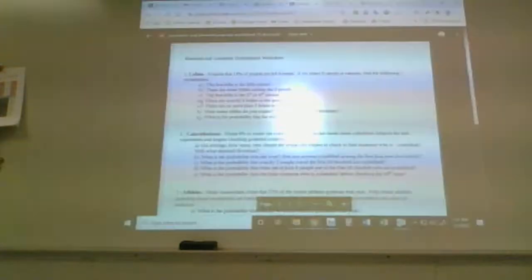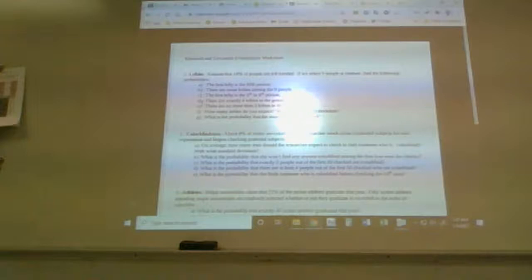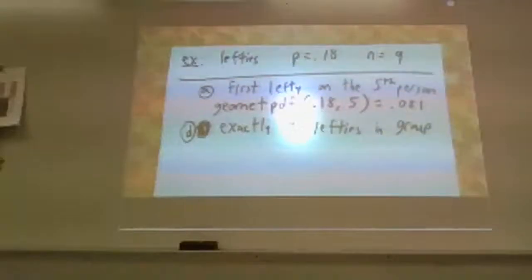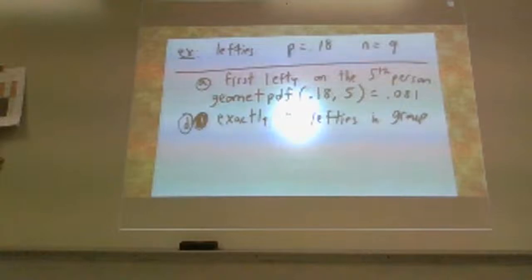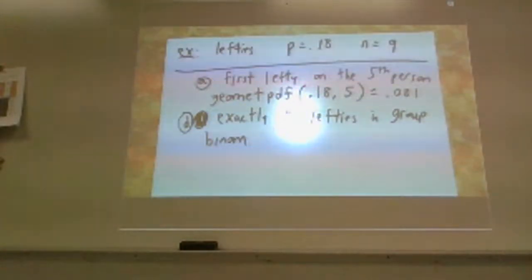Part D. 4 lefties in the group. This is, as we talked about, a binomial problem. This is a binom.